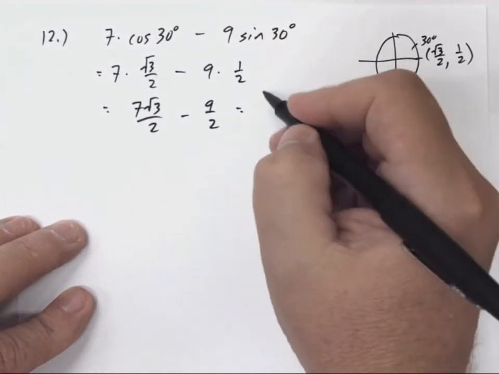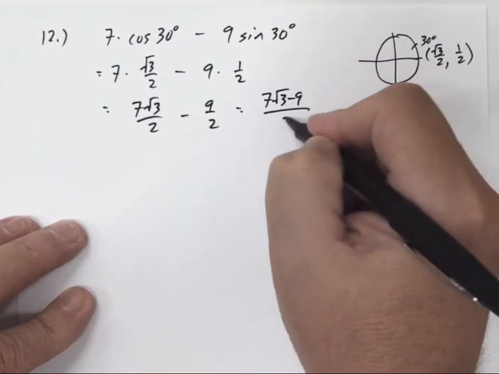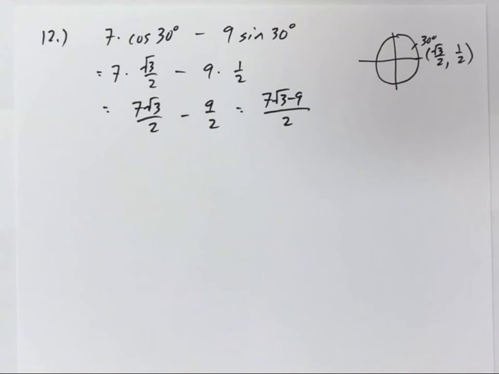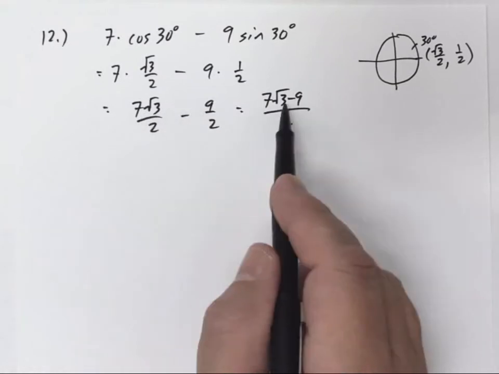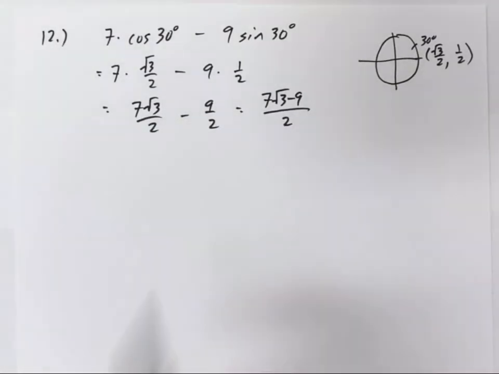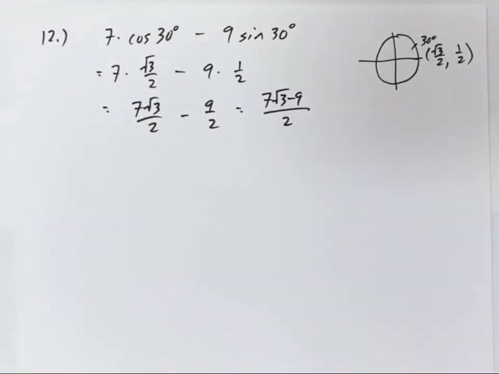Since I have a common denominator, my guess is you could probably leave it like this or combine like this either way. That's the answer. What's the key to this problem? Knowing the unit circle, because these are special angles. If I know my unit circle, I right away know the cosine and the sine.